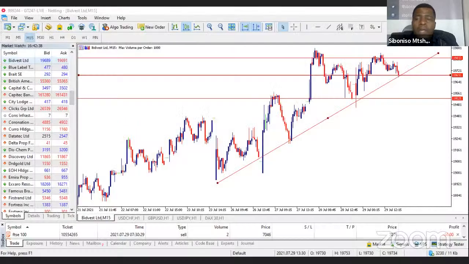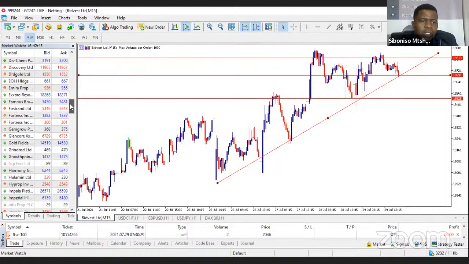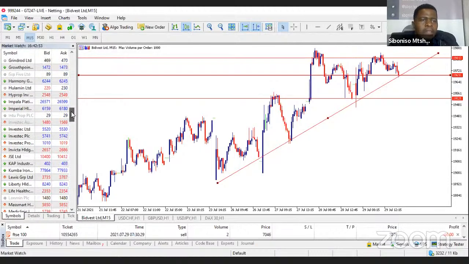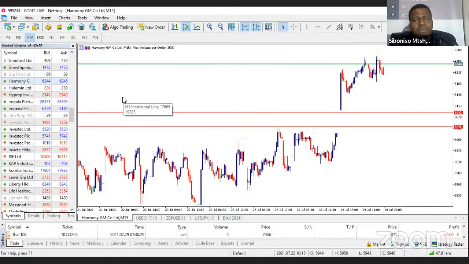And then again, that one was Bidvest. Let's move on and check other opportunities down there. You can see the likes of Harmony Gold, that is mining. What you will need to understand about mining is that when the price of gold is strong, all these companies tend to perform well, and they tend to be bullish most of the time.